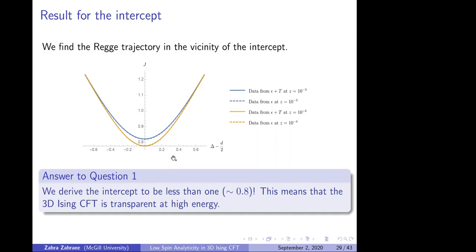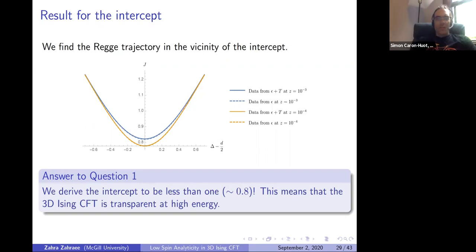Yeah, maybe let me add a comment. There's an expectation that you're going to get the same trajectories no matter which correlator you extract it from. So we assume that, but we've not tested the assumption numerically.